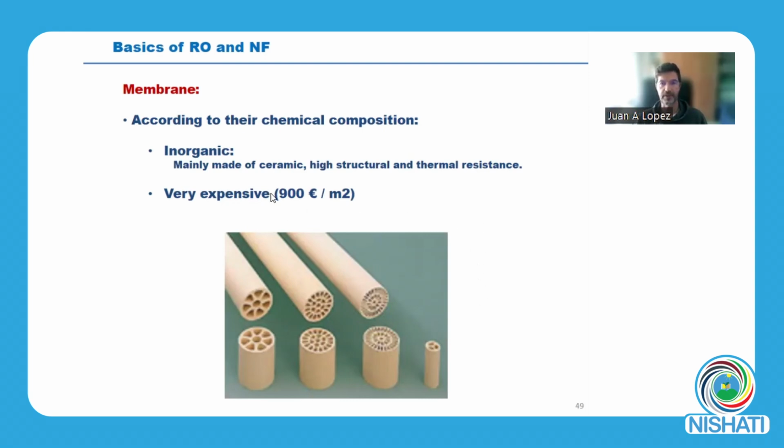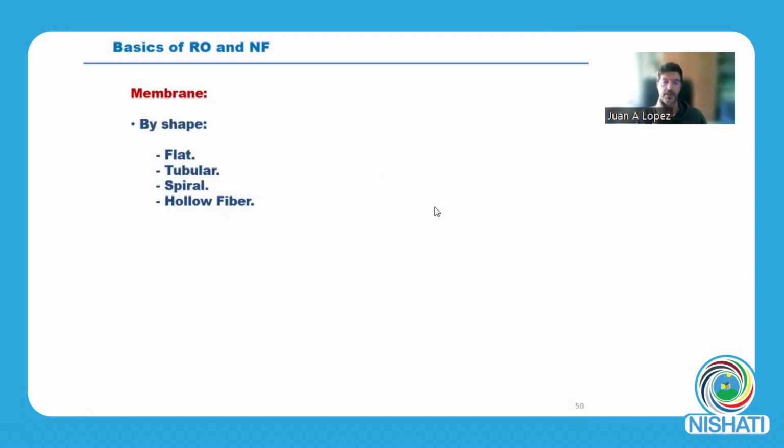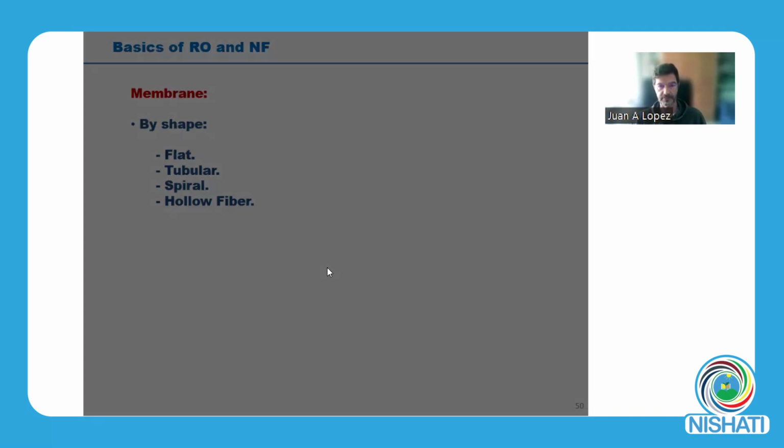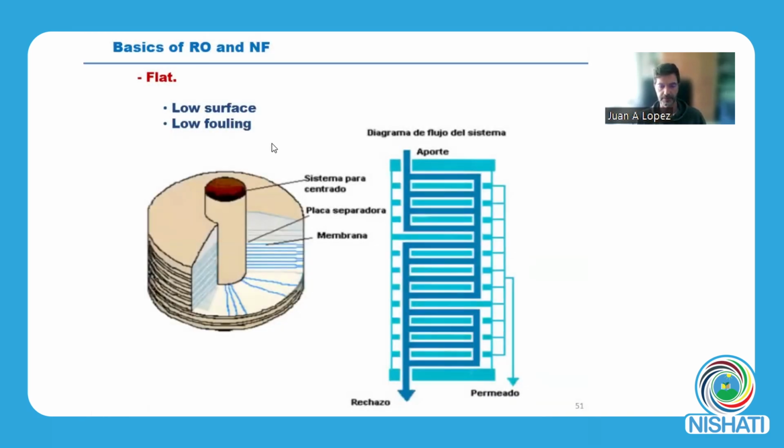They tolerate hypochlorite very well. But the problem is that they are very expensive. I have worked in a European project developing the first big nanofiltration honeycomb membrane, and they are working very well, but they are more expensive than aromatic polyamide membranes.